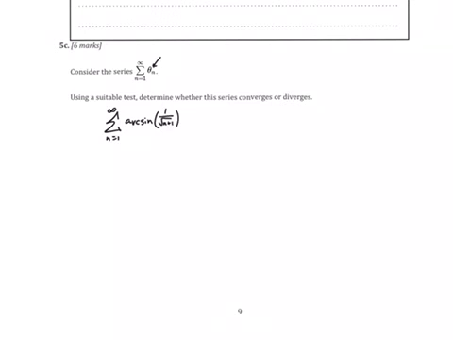Okay. Now, don't forget where you came from. In part A, we already did this. We did the limit as n goes to infinity of arc sine of 1 over the square root of n plus 1, over 1 over the square root of n.